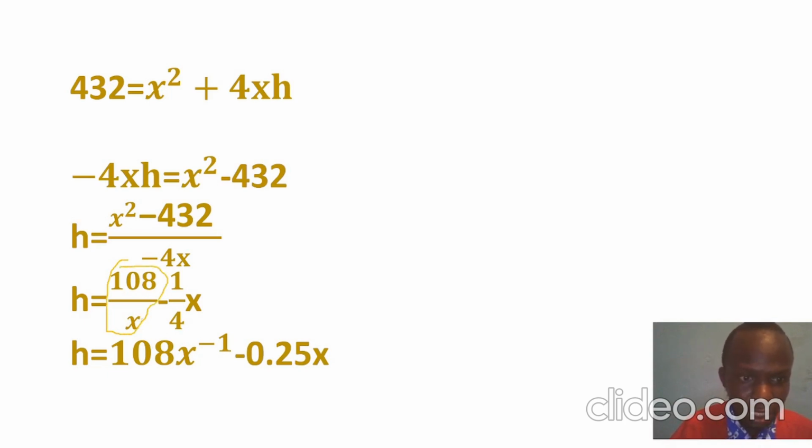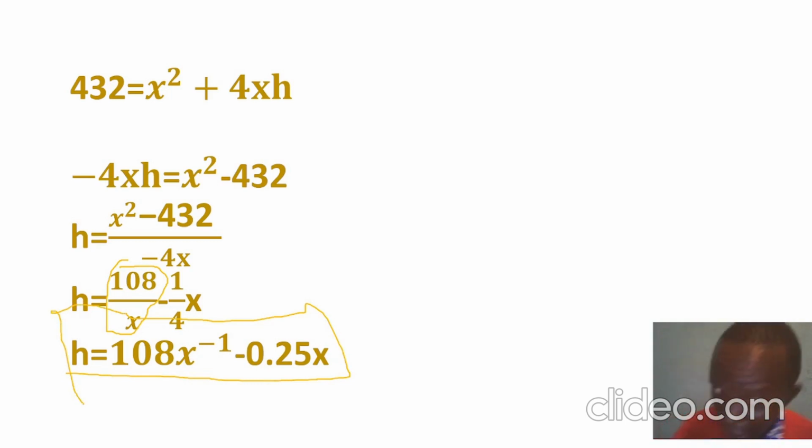We are just removing this fraction so that it can be dealt with easily. Minus 0.25x, because 1 over 4 is the same as 0.25. So this is how we can express h in terms of x.